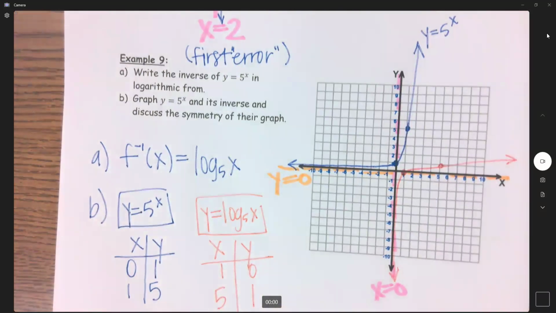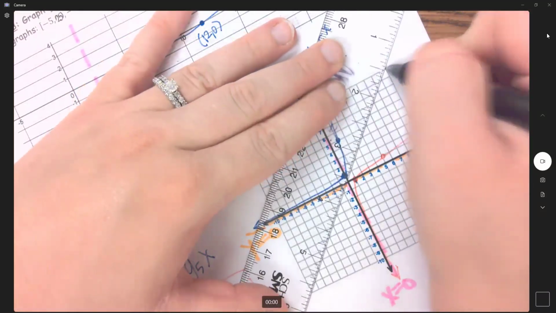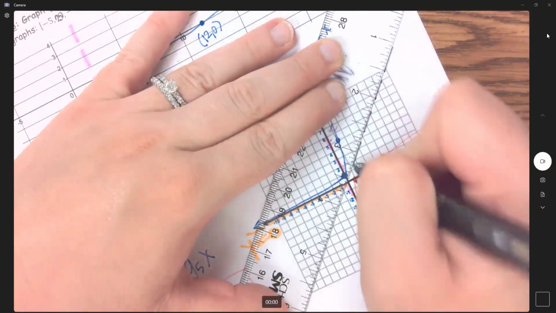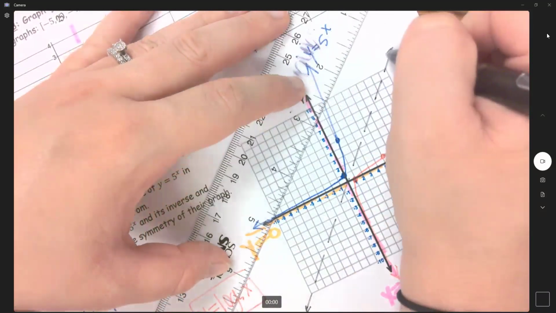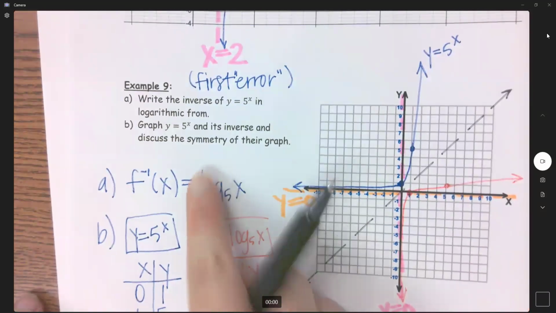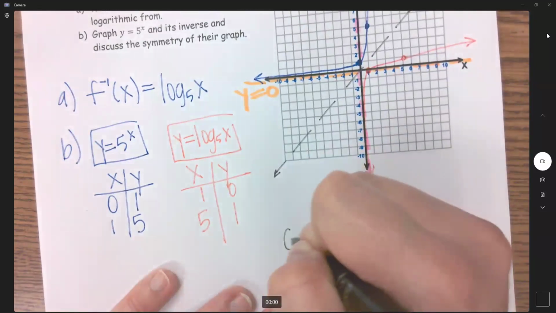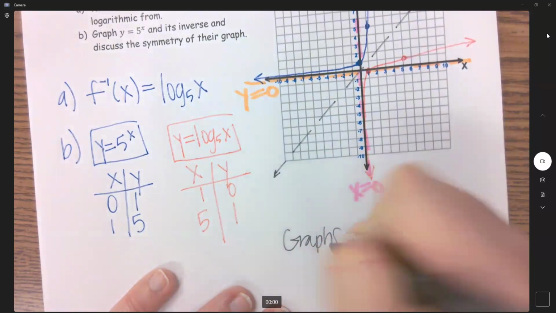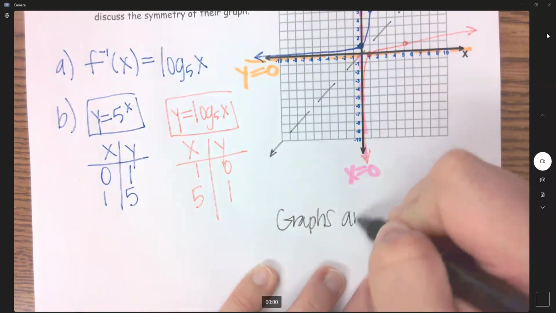If we want to, for visual purposes, we can put in our line of symmetry, which brings me to the next point. Discuss the symmetry of this graph, and that is that the graphs are symmetric with respect to the line y equals x.